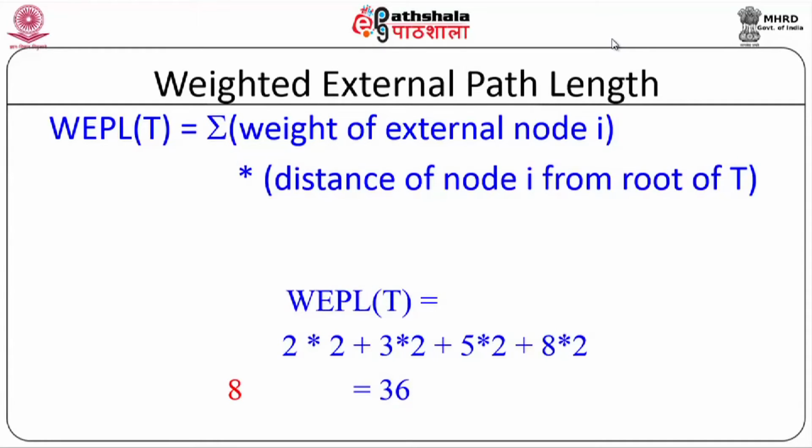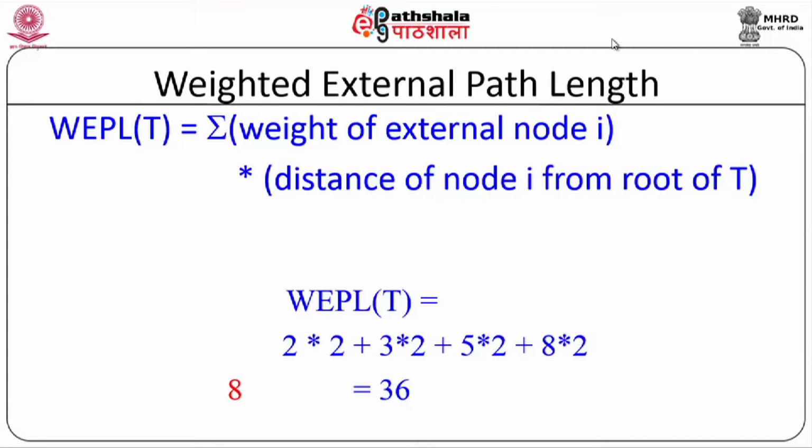Once we have a binary merge tree like this, we can calculate the cost of the tree using a metric called weighted external path length. As I said earlier, Pi is the weight of the external node i, a node that represents a file.